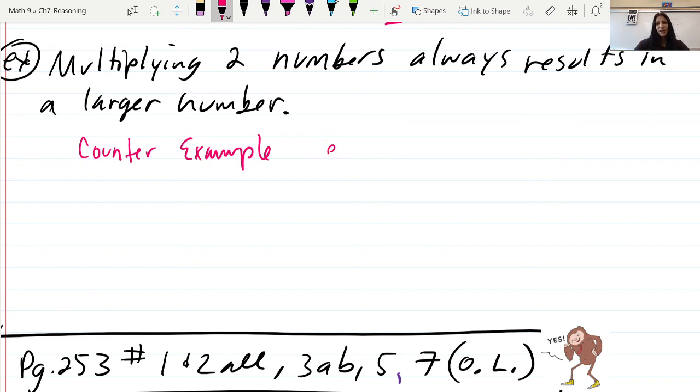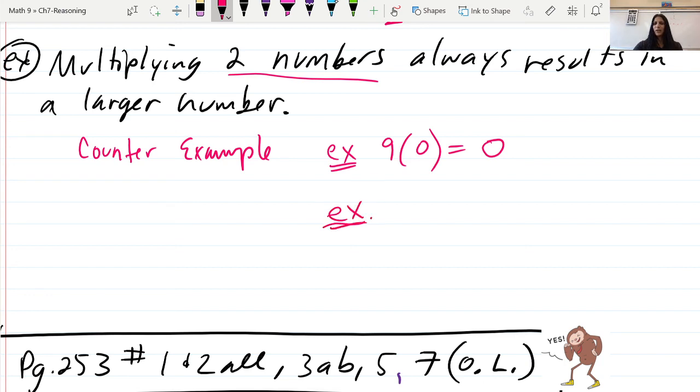So how does this come up using math? Well, one example I can think of is multiplying by 0. 9 times 0, those two are numbers, so I'm following the rules here. It's saying it always results in a larger number. Well, no, the answer to this is 0. So I could give this as a counterexample, and that would be perfectly fine.